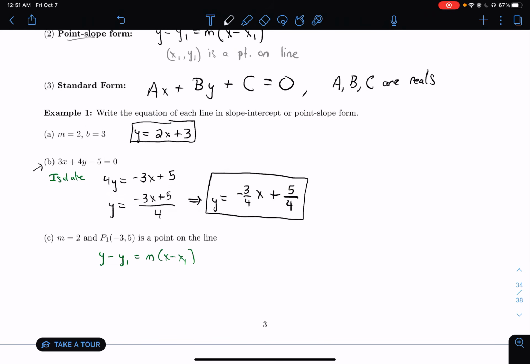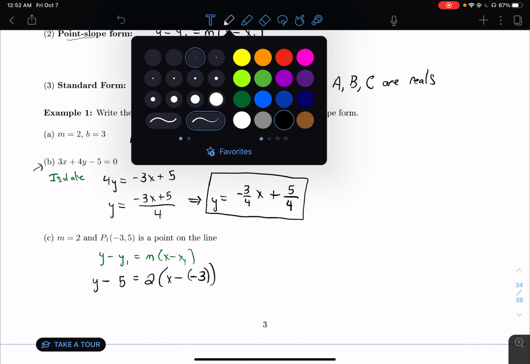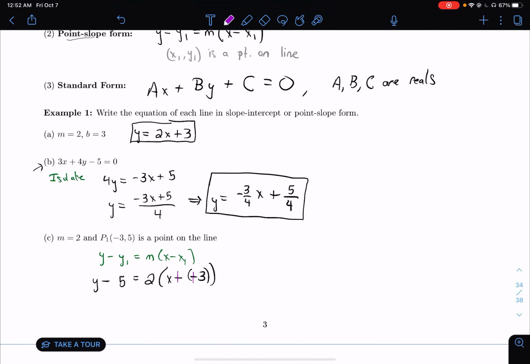The y-coordinate of the point is 5, and that's the only point I have to work with. The slope is 2, and the x value of that point is negative 3. So x minus negative 3, I get a double negative, so maybe I'll put parentheses here. The double negative will turn into a positive.